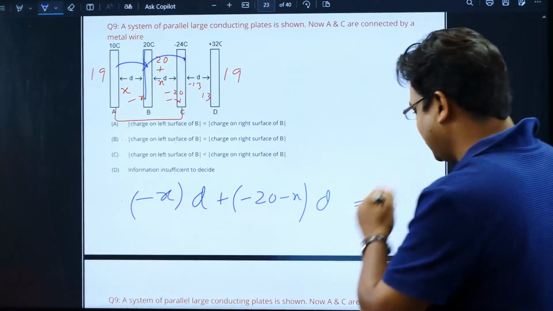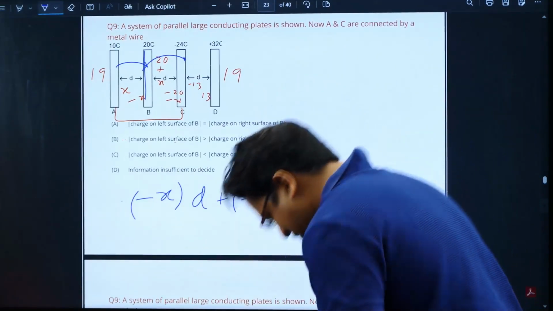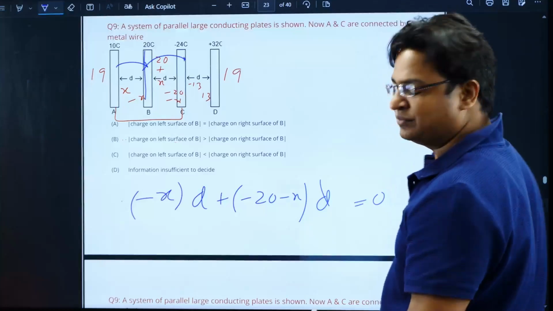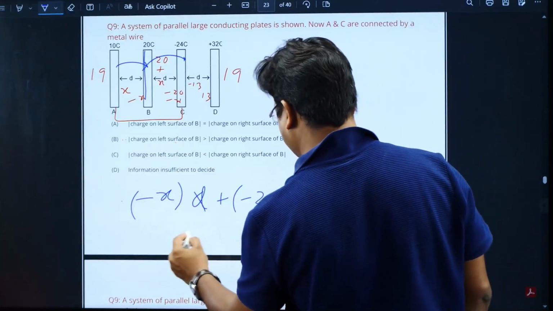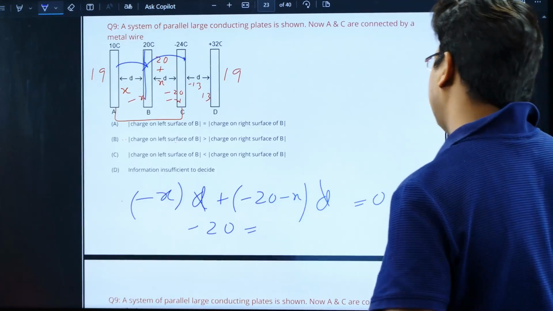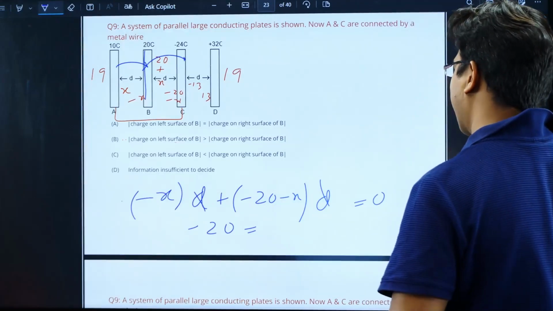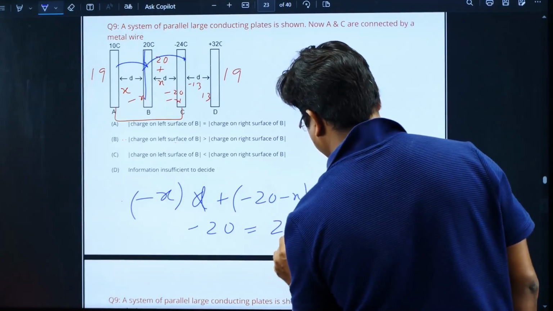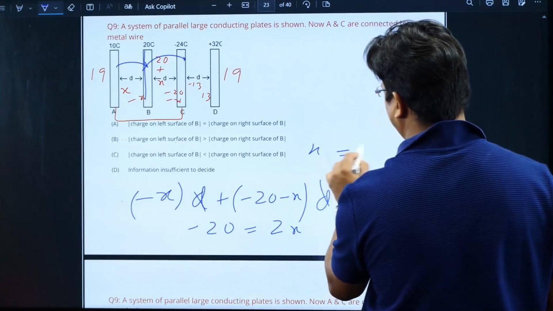So D gets cancelled, and what we end up with is minus 20 equals 2X. So X is minus 10. Okay, so we get the value of X as minus 10.